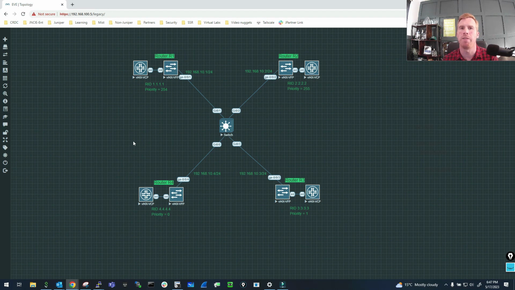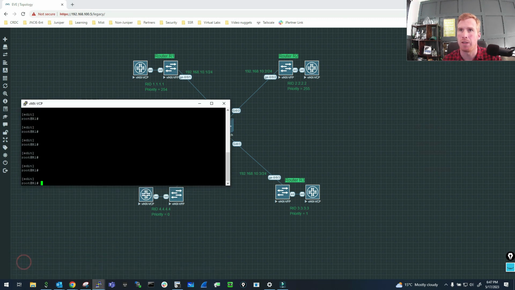So let's start configuring this OSPF designated router and backup designated router and the interface priorities on the Juniper Junos devices. So first we're going to configure router R1. I've already started up the shell, so here we are on router R1, and if I just do a quick show protocols ospf, you can see there's absolutely nothing there.